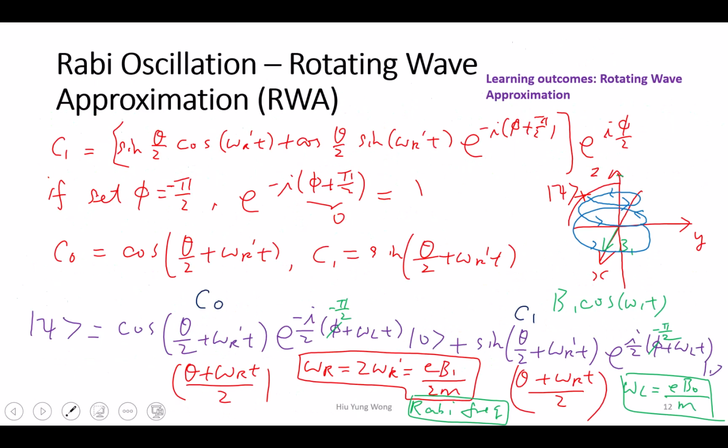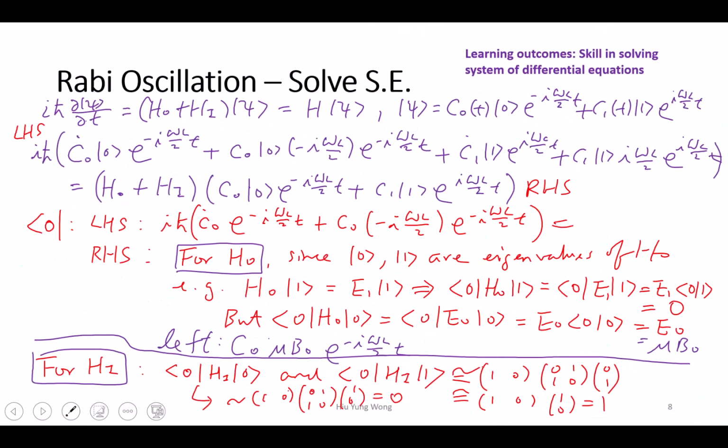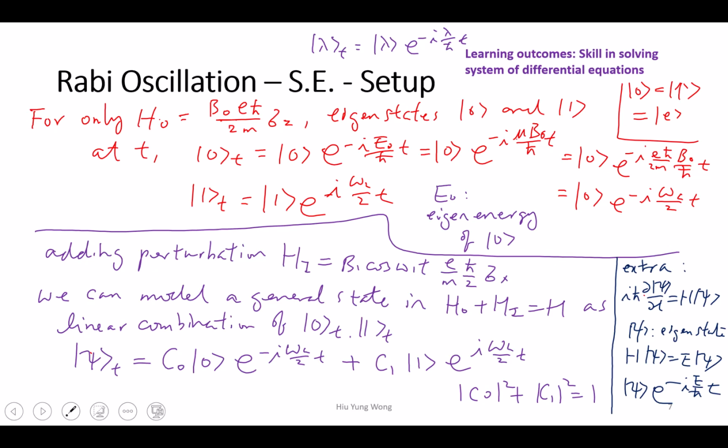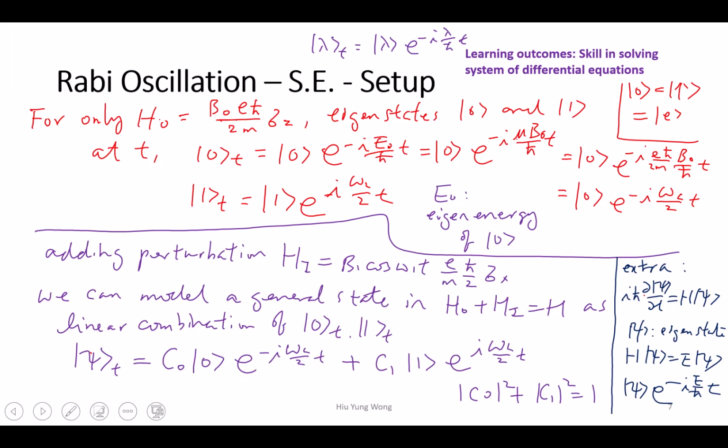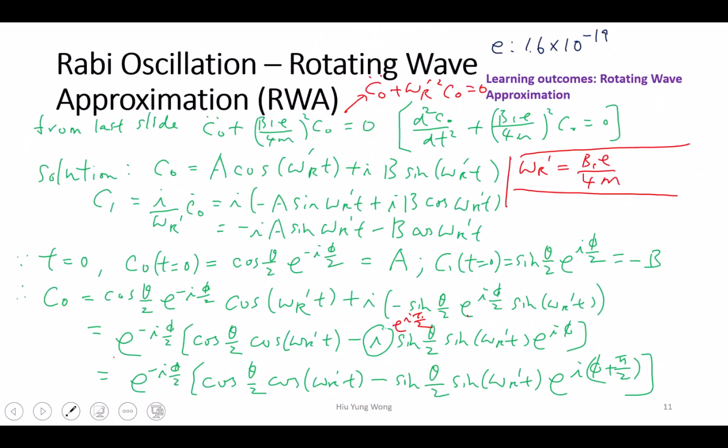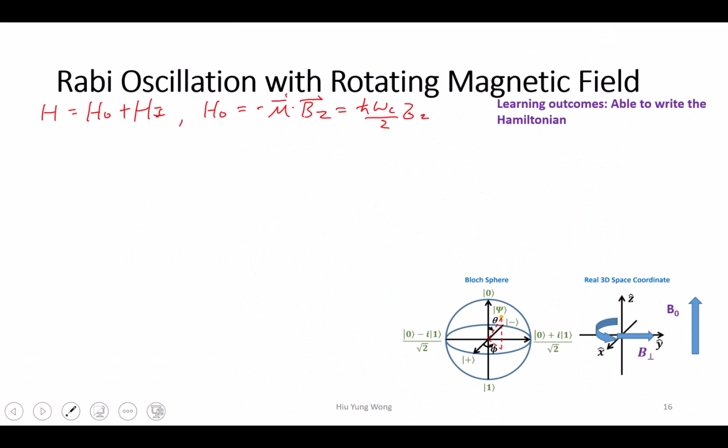I actually have this omega L here, right? Omega L is just e bar e divided by m times B0. So, not Bohr magneton, it should be equal to this one, but then we need to divide it by h bar. Okay? So we have this already.